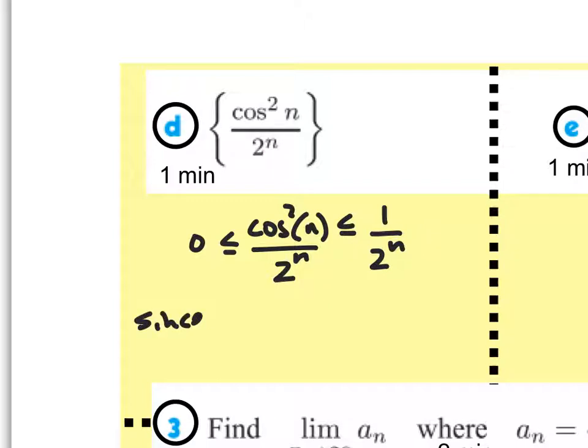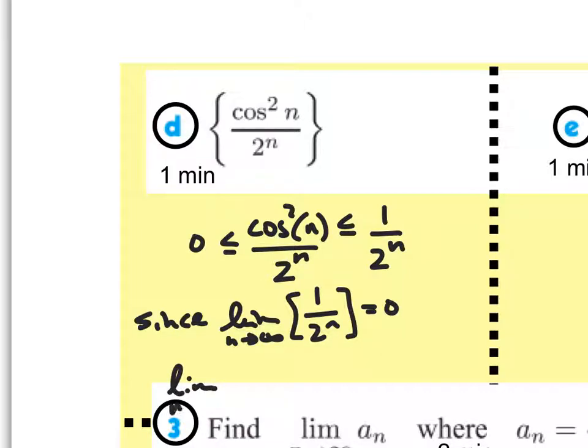Since the limit as n goes to infinity of 1 over 2 to the n would equal 0, then I know that the limit as n goes to infinity of cosine squared n over 2 to the n would have to also equal 0.